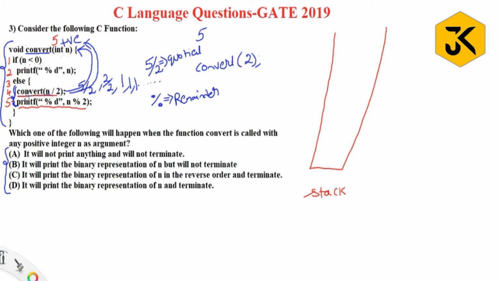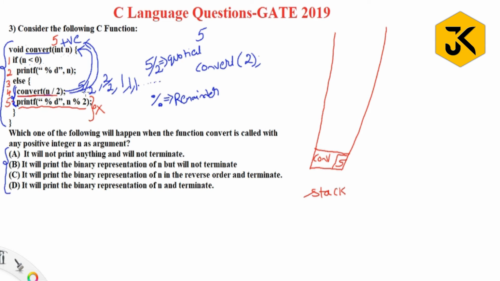When the else condition is executing, it is going to call the convert function, right? So what about the remaining statements? When convert of 5 by 2 is called, while this function is executing, all the remaining statements will be isolated. They won't execute. After execution of the convert function, which statement do I need to execute? The fifth statement. Now I am passing 5 by 2 to convert.